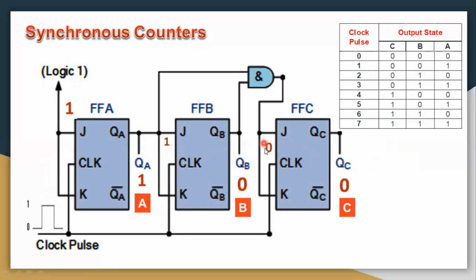But here the state is 0, therefore no change. So, when I am giving the second clock pulse, this B output changes to 1 and A output changes to 0, and there is no change for C output because the input was 0.